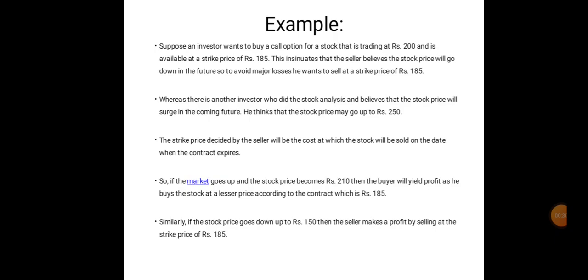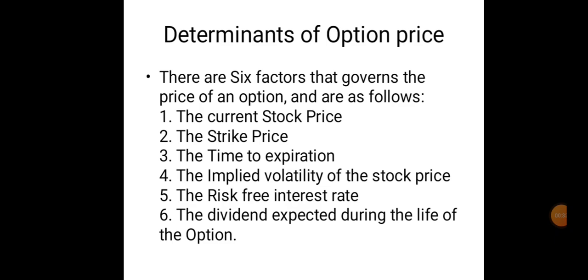And in this video we'll move on to the determinants of option price. There are majorly 6 factors that govern the price of an option and they are as follows. Determinants means those which are considered in the option price.